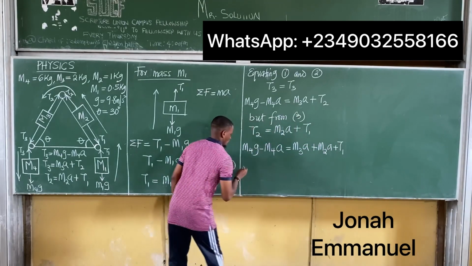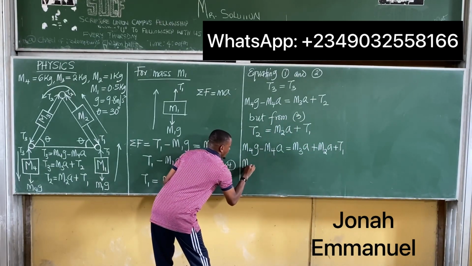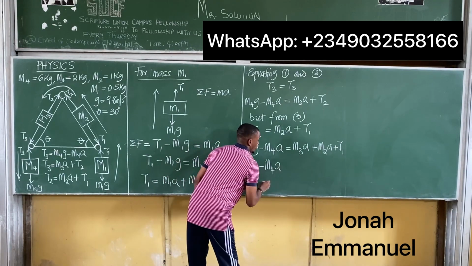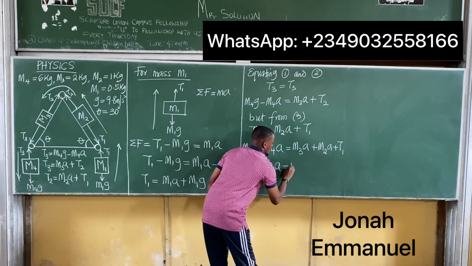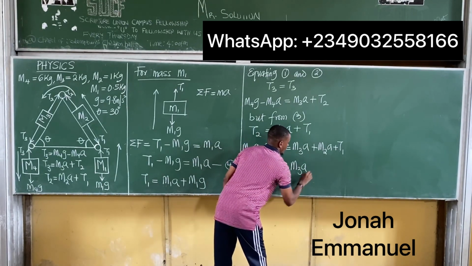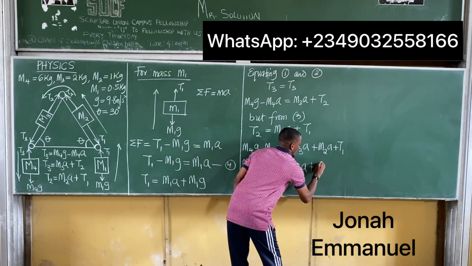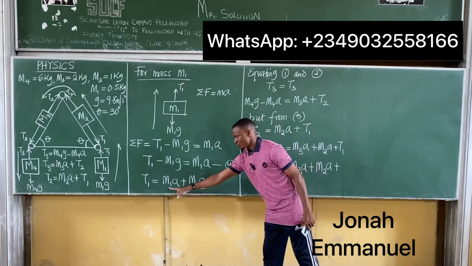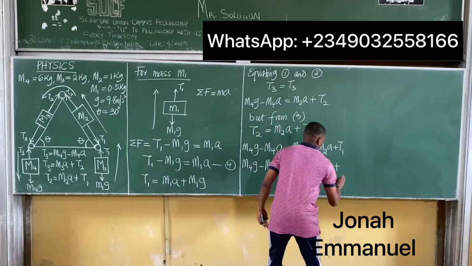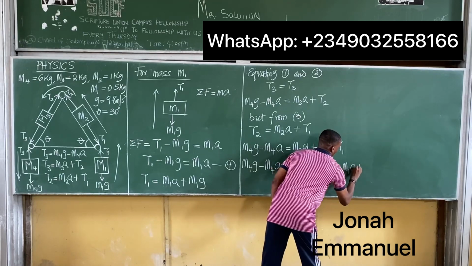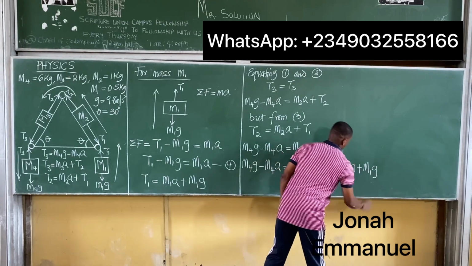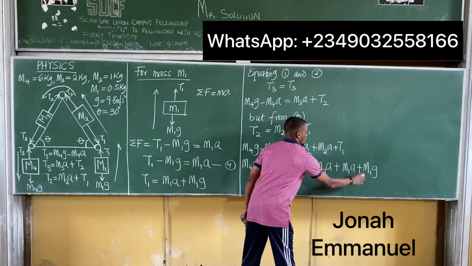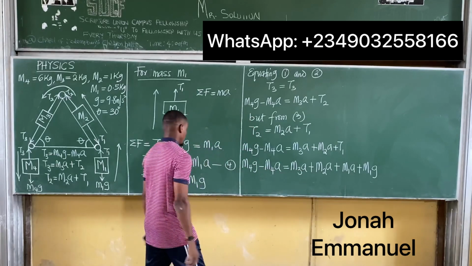M4G minus M4A is equal to M3A plus M2A plus T1. T1 is equal to M1A plus M1G. All right, so I've replaced the value of T1 by these two. So we now have this equation.